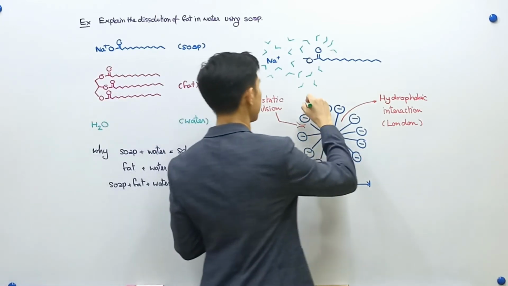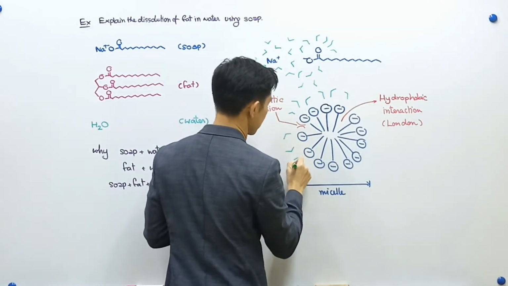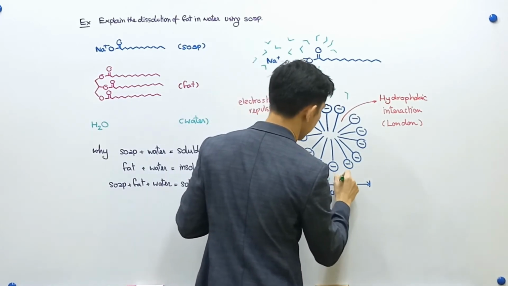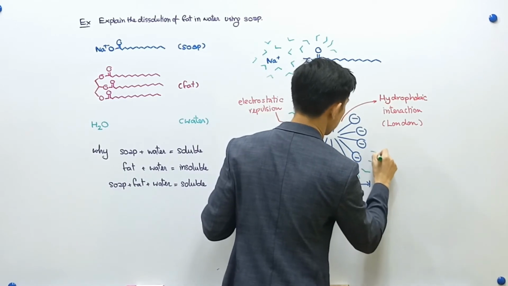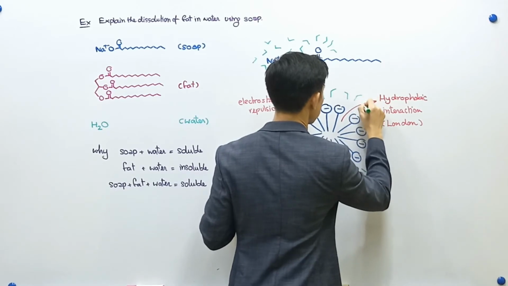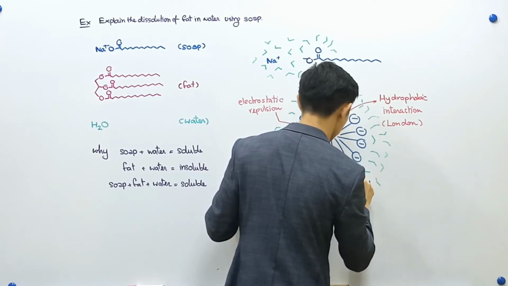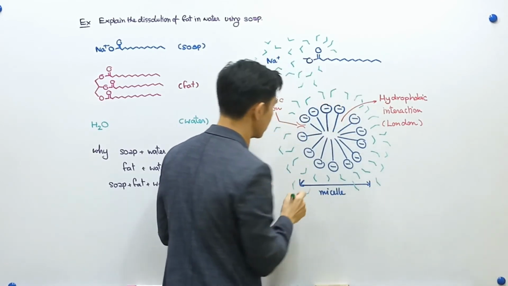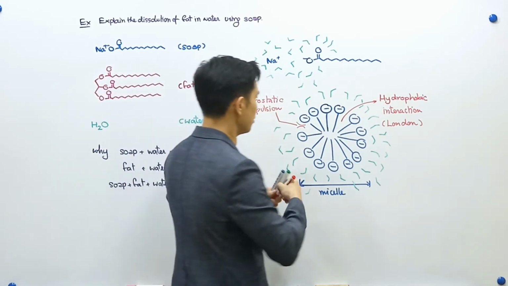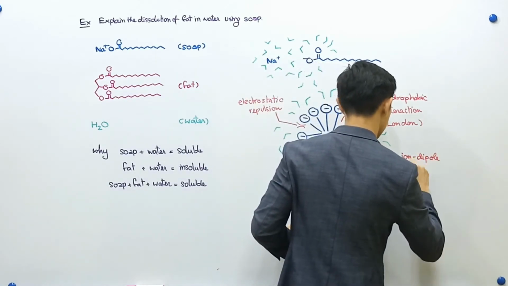Then you also have the ion dipole interaction around here because of the charge of the carboxylate and the dipole moment of the water. As you can see, I'm drawing hydrogen toward the soap molecule, because the positive pole of the hydrogen atom in the water can interact with the soap's negative charge. So here is the ion dipole interaction.